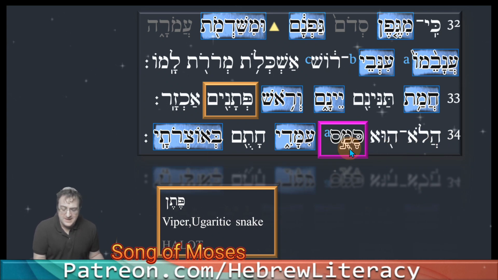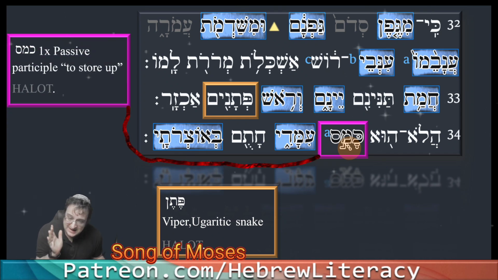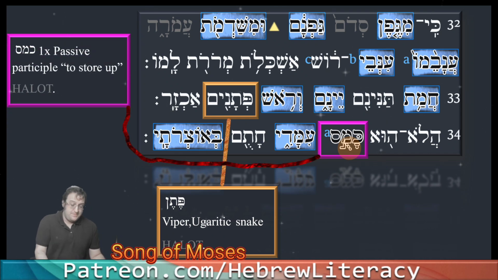Kamus, kaf mem samech, is a passive participle only used one time in all of Scripture, meaning to store up, or heaped up, can be to heap up. Is it not heaped up, imadi, with me. Chatum, be'otzerotai. Chatum is like sealed up, in otzerot, storehouses of me, in my storehouses.